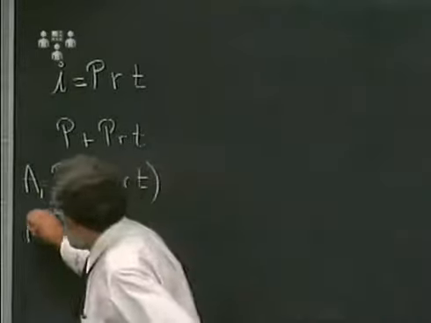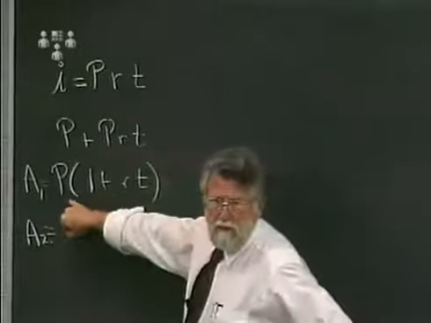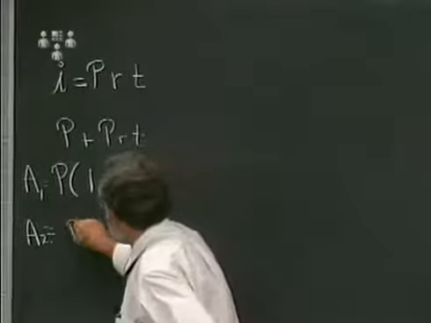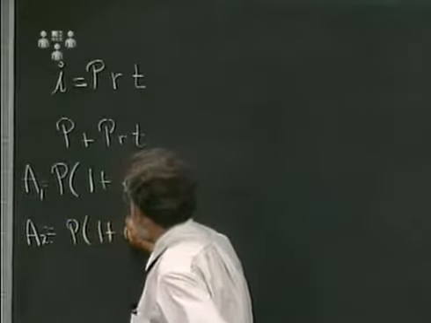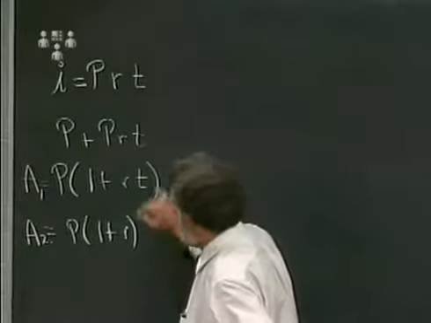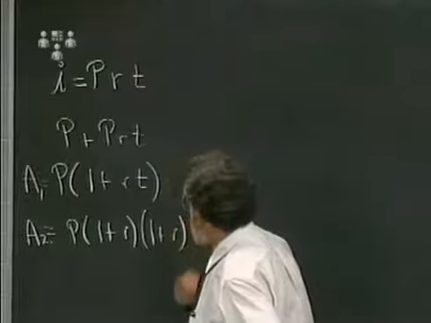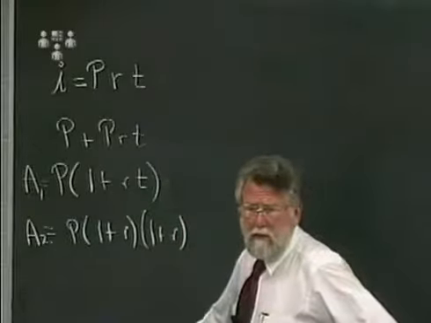Well, the amount at the end of the second year, you take what you had the first year, which was P times 1 plus R, and multiply it by 1 plus R again, because that was your new amount. And so that is at the end of your second year.